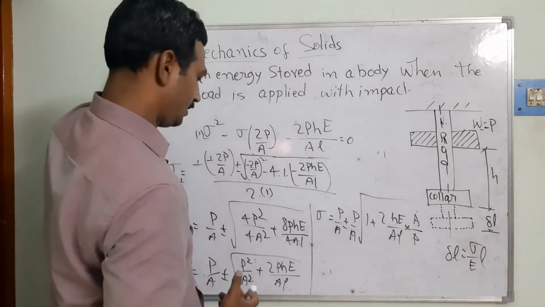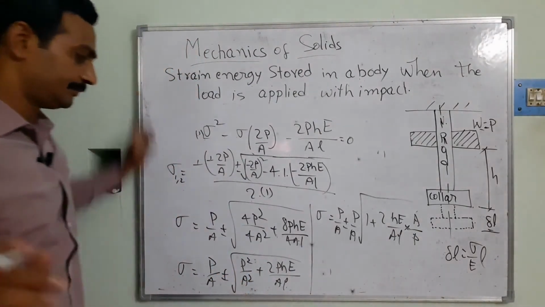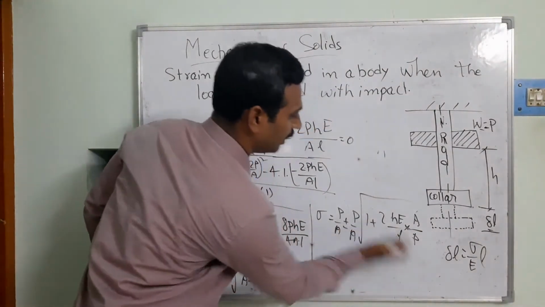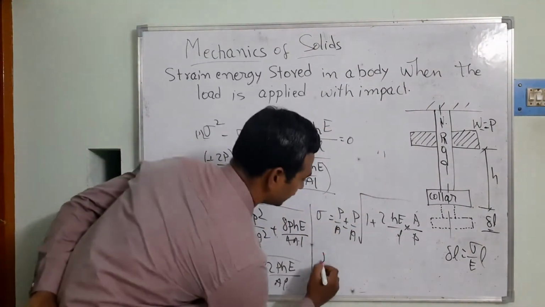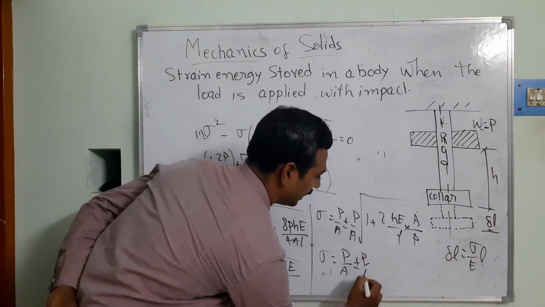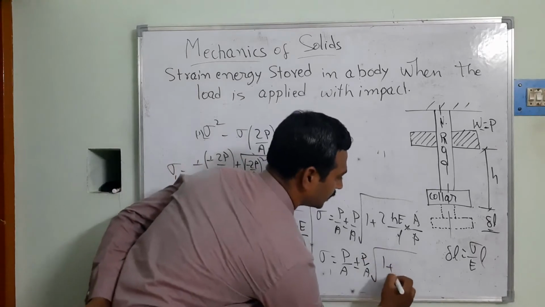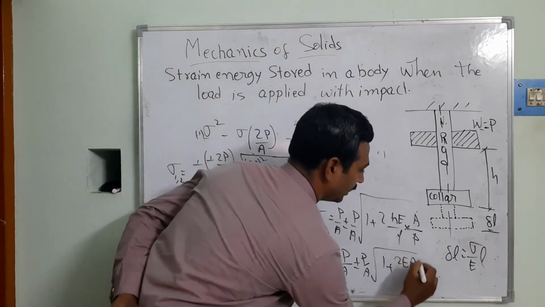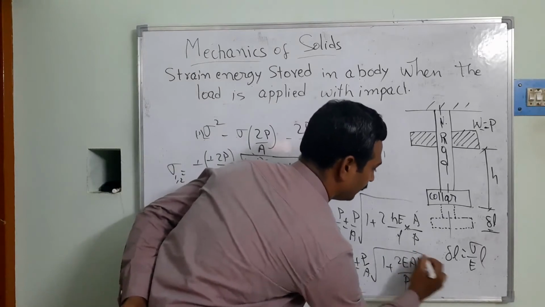So in this case, A was already taken to the outside. So then sigma is equal to P by A plus or minus P by A square root of 1 plus 2EAH by PL, we will get it.